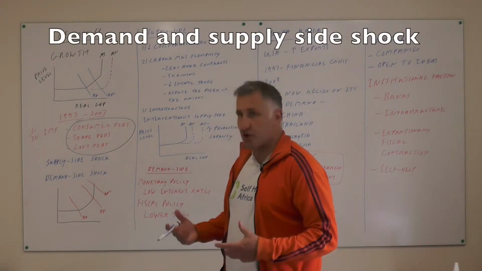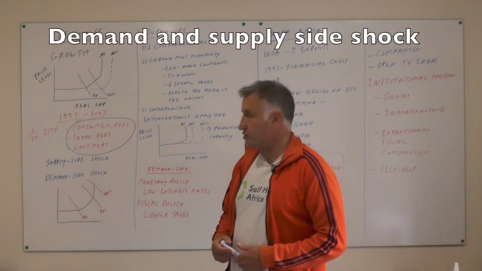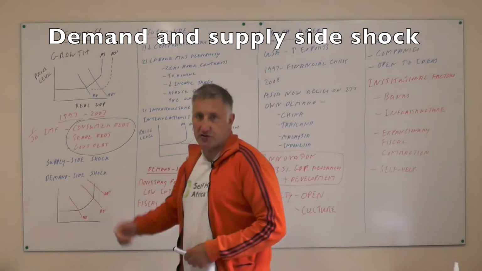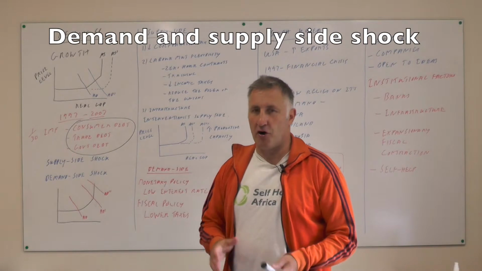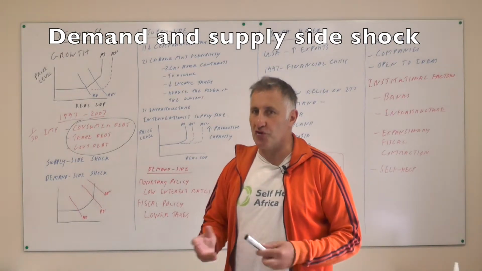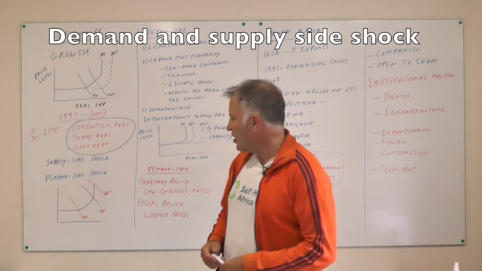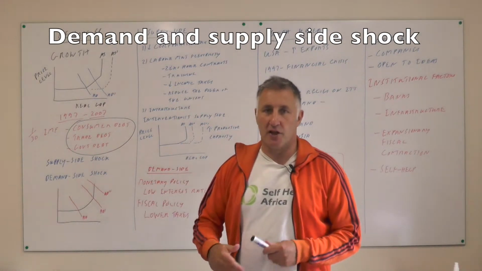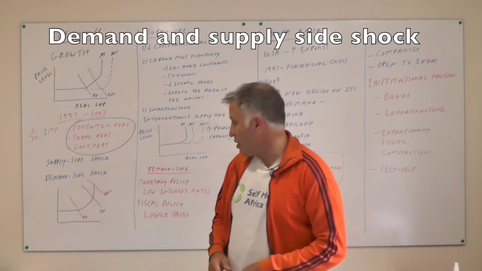Of course, economies do suffer from supply side shocks that we've already looked at in lesson 61, and also demand side shocks. And economic growth is dependent on how well you also deal with those shocks. A demand side shock is probably easier to deal with because we can either print money or lower interest rates to increase demand.